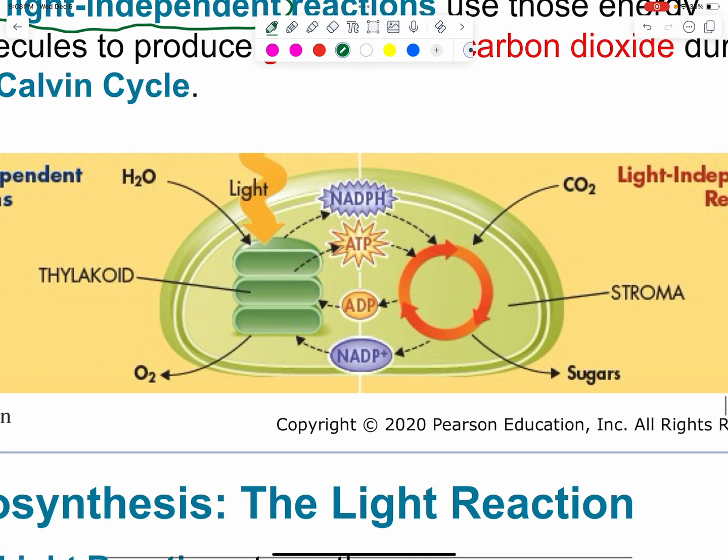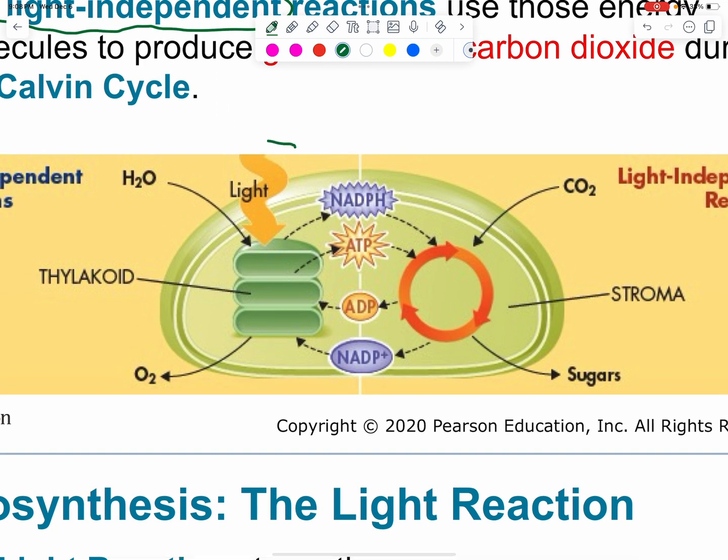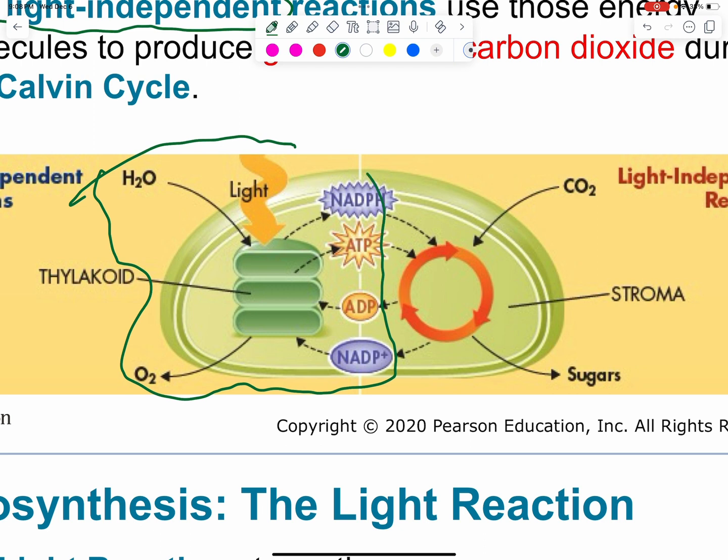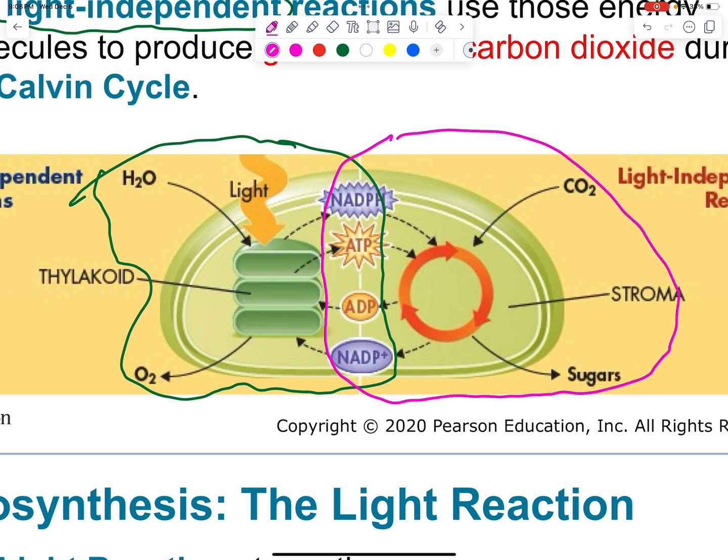So I'm going to circle the light reaction. It's shown right here, and it is this half right there like that. And then the dark reaction, or the light independent reaction, is also these objects in the center, and it's over on that side. Both of which happen inside of the chloroplast.